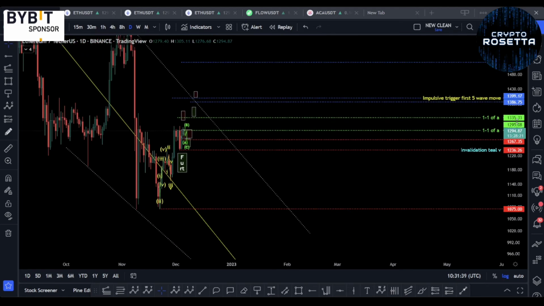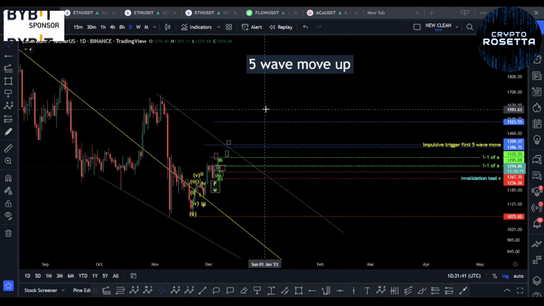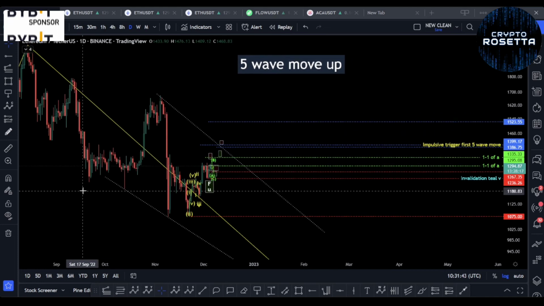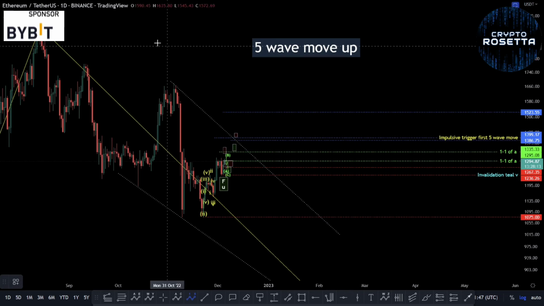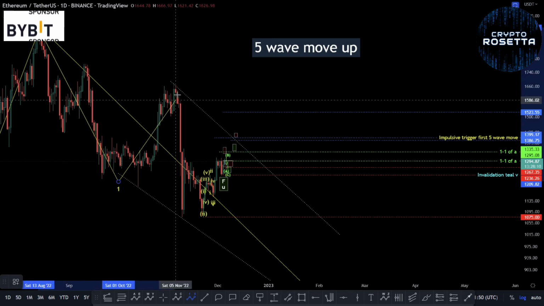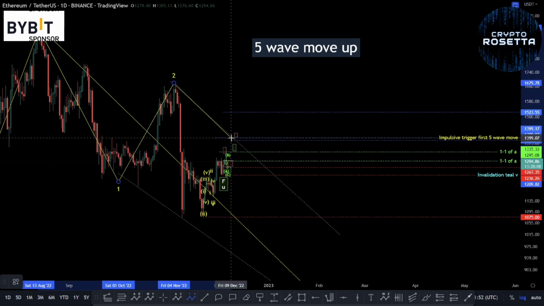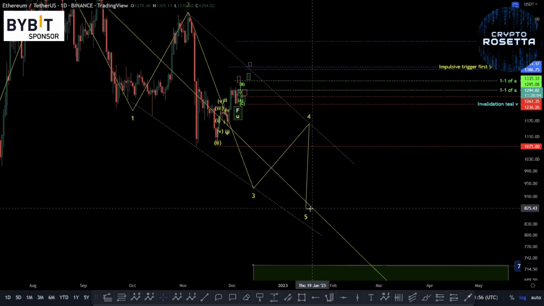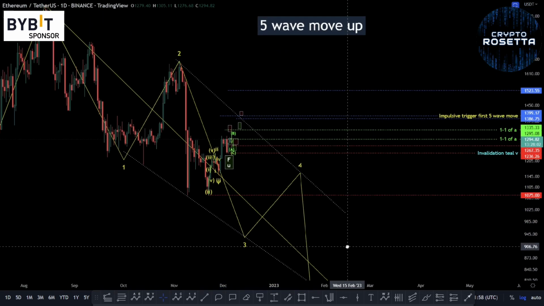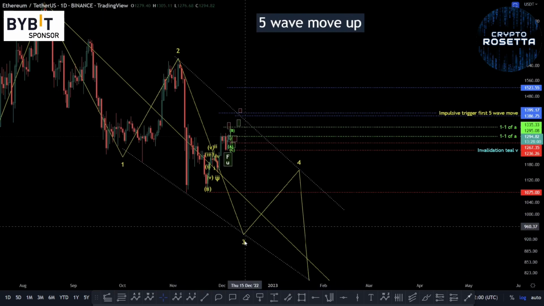What we'd be looking for here is something like this, a potential for an ending diagonal like this, where we have this whole move here as a wave 1, 2, this would be the first part of our wave 3, so we'd be looking for a 3, a 4, and a 5 to the downside. And this is one potential that we're tracking.